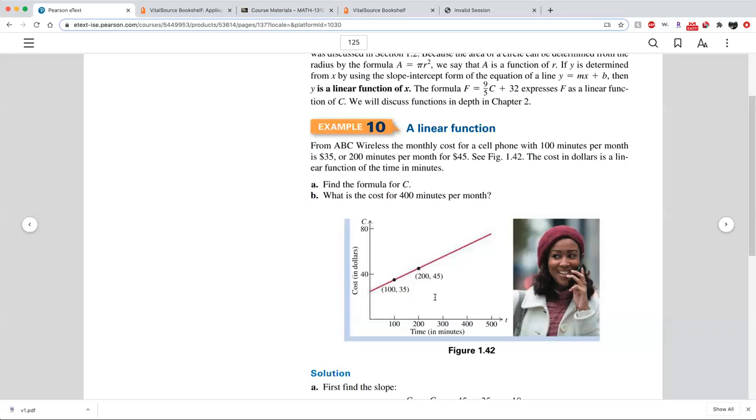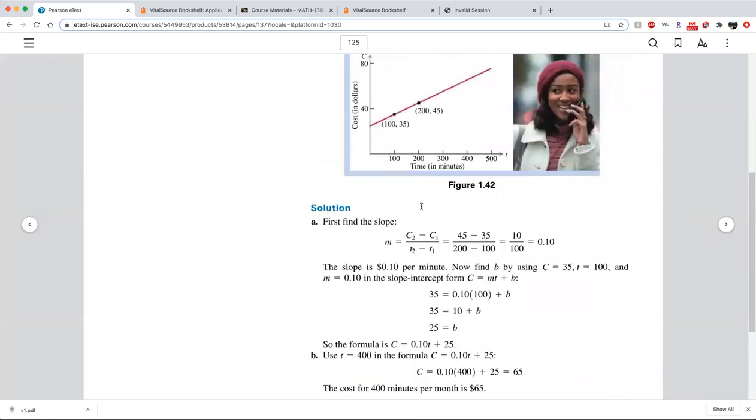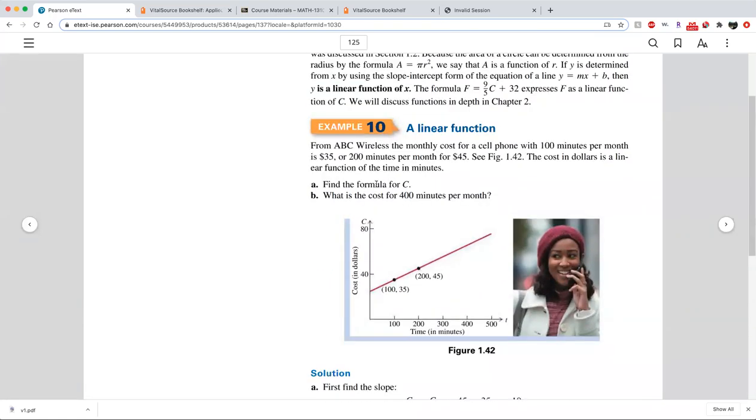And then B, what is the cost for 400 minutes per month? Once we figure out the equation of the line for cost C, we plug 400 into the x value. Then we can figure out the cost C, right? Let me solve these problems. You can see the solution right here, but let me figure out the solution of A and B on my sketch paper.